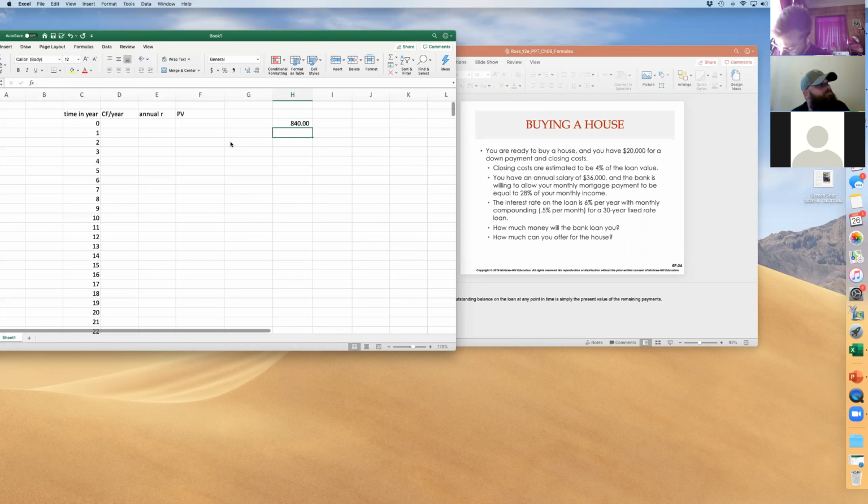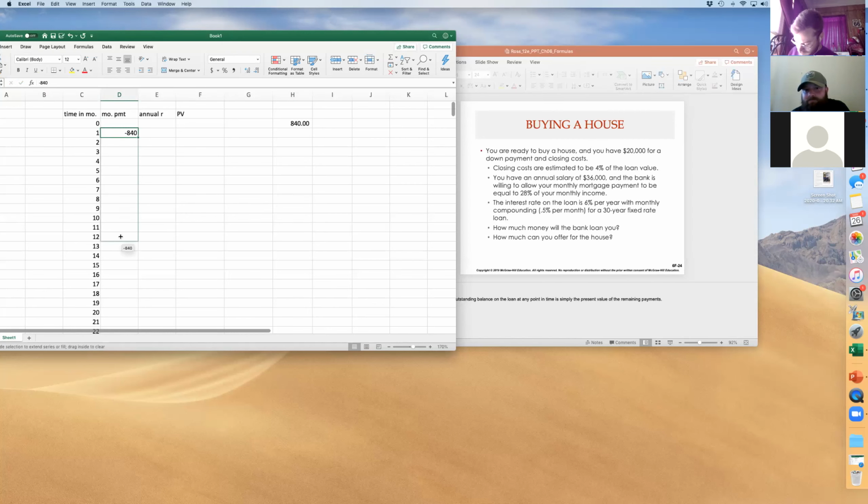All right, so they're willing to give a payment here. This is a monthly payment, and this is time in months, and your obligation is going to be $840 per month to that bank.